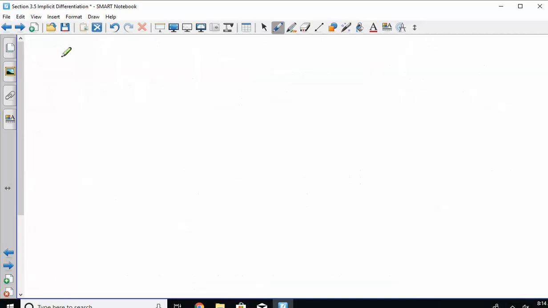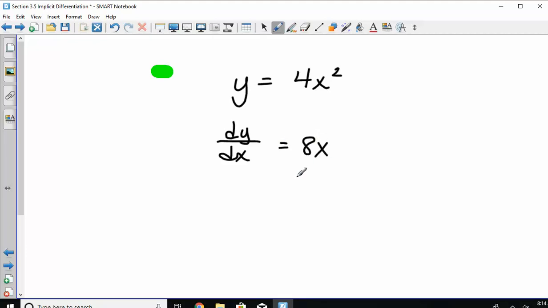You know, if you think about in the past, if I said like y equals 4x squared and told you to do the derivative, we had lots of notations for the derivative of y, but one that I sometimes used was dy dx, right? So when we took that derivative of the y, it became the dy dx. We're going to do that same thing, but the dy dx may be anywhere in the problem.